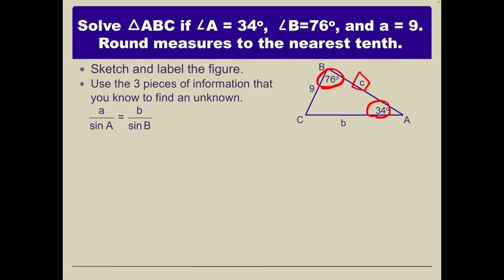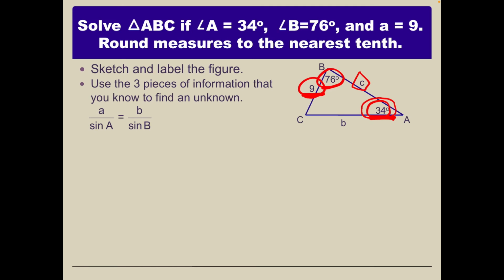We have angle A and side a. That's what we like to put first. Now these are named A, which is fine, so it works out in our law of sines well, but sometimes it's not triangle ABC. It might be triangle XYZ, and you have to work through that correctly. But what we usually like to do is pick the angle and the side across from it that we know first.